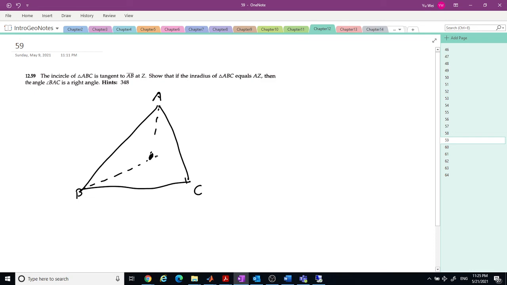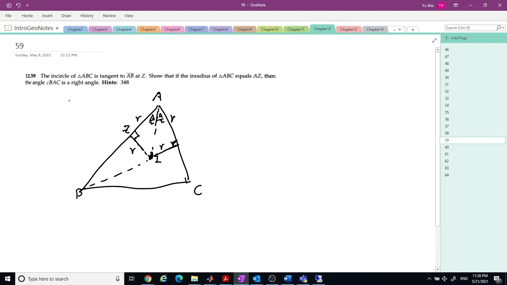So this is I. It is tangent to AB at Z. If the radius of the incircle of ABC is equal to AZ. So let's see, this is R and this is R, right? This is also R because this is the incenter. And by symmetry, because this is A over 2, this is A over 2. So we have two angles that are the same and a common side, so this is also R.